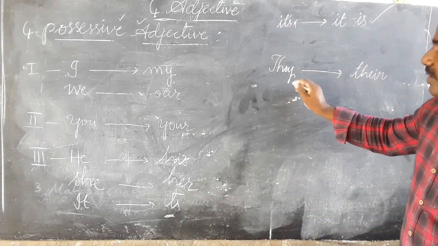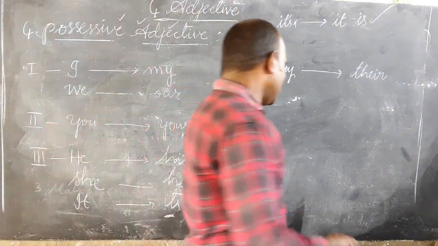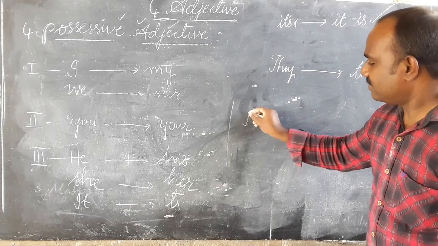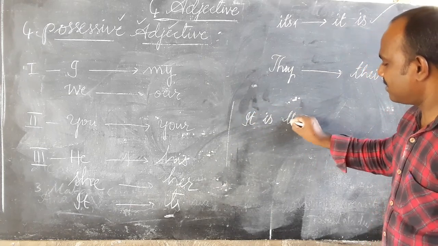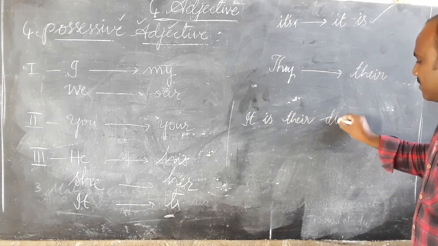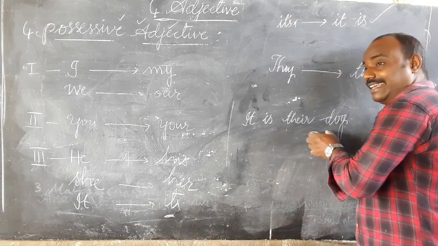These are possessive adjectives. You see, look at this one. It is their dog. Look at the sentence. It is their dog.